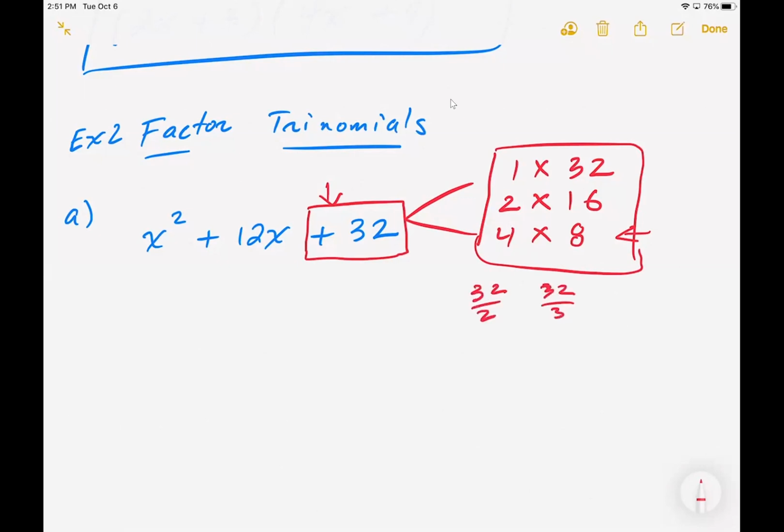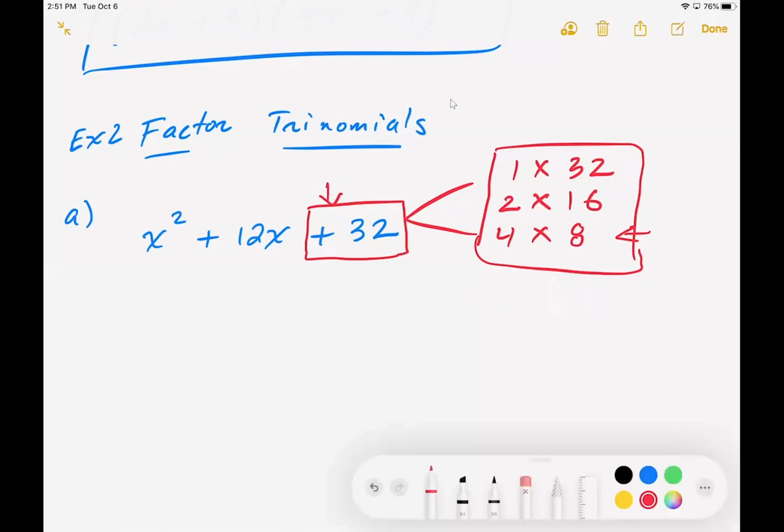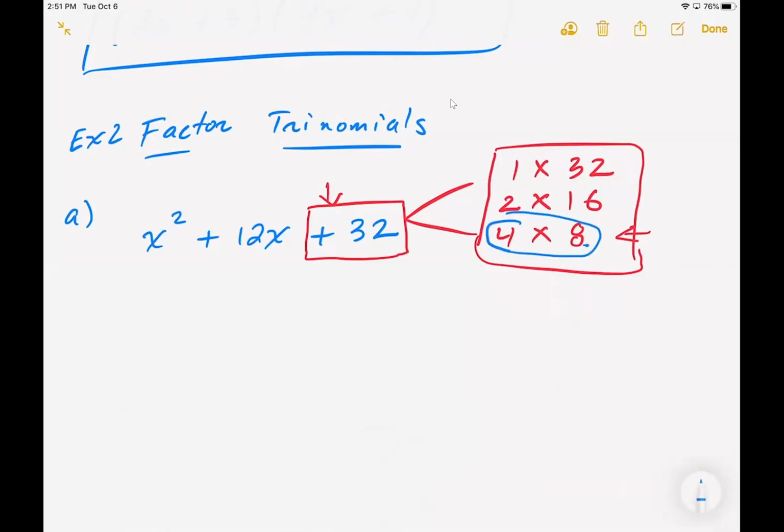If it's a whole number, we use it. If it's not a whole number, we don't care about it. The only pair we get is this one. We're looking for 2 numbers that multiply to give me 32, which in this case is 4 times 8, and add together to give me 12.